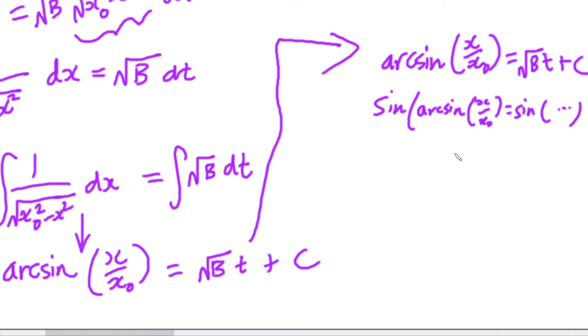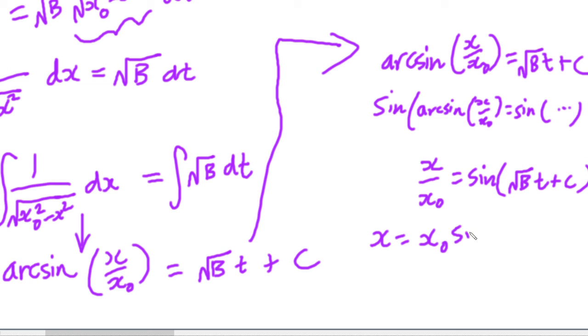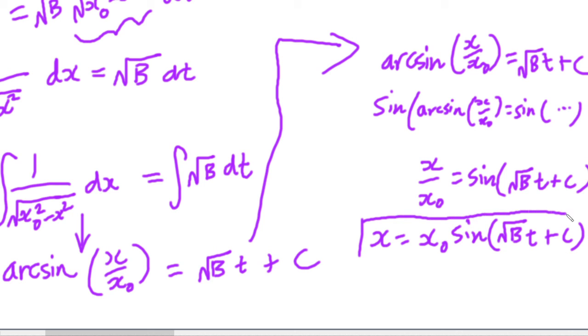It's the input to that function. So x over x naught is equal to the sine of root b times t plus c, or x is equal to x naught sine of root b t plus c. And if you have learned simple harmonic motion before, this equation is going to look very familiar to you.